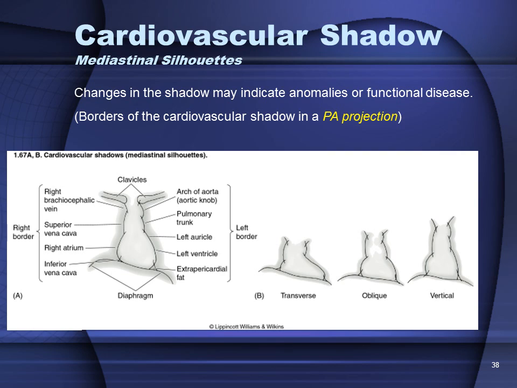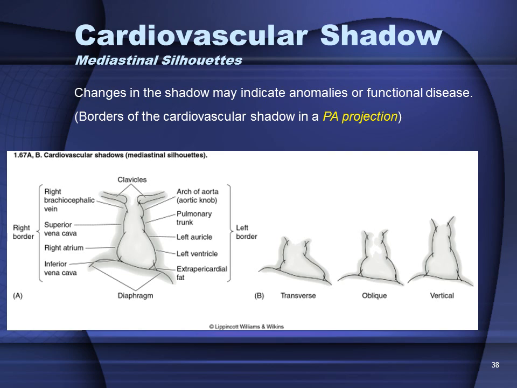Okay? The borders of this cardiovascular shadow or silhouette are always viewed in the PA projection, and changes in the shadow or the borders may indicate some kind of anomaly or functional disease, and therefore the chest X-ray can give us critical information regarding the cardiogenic status of the patient.